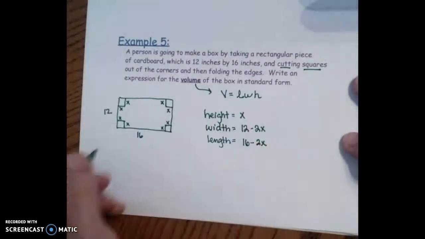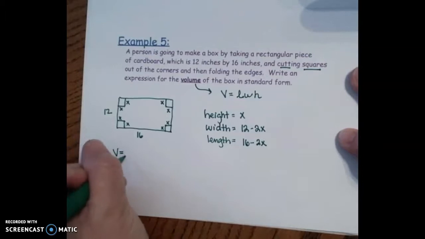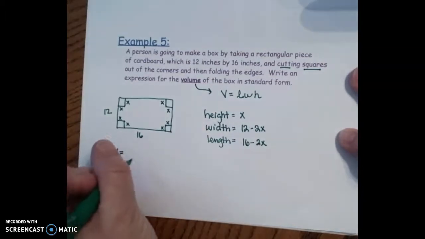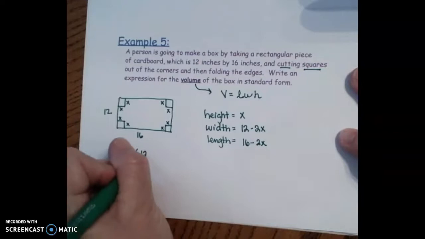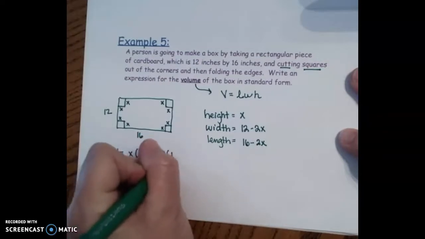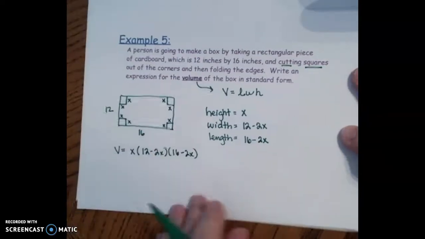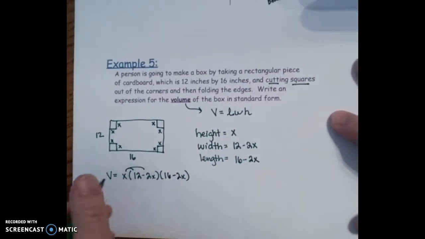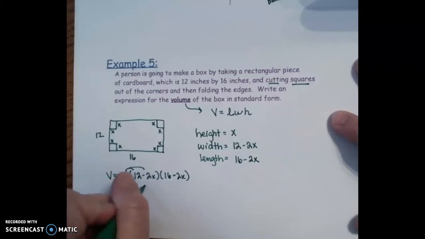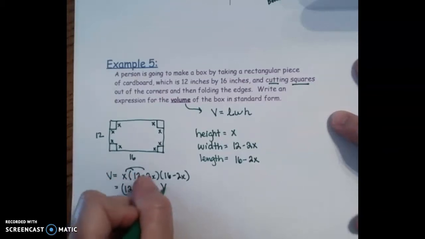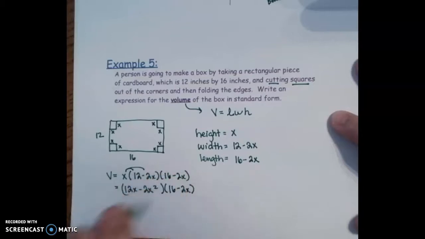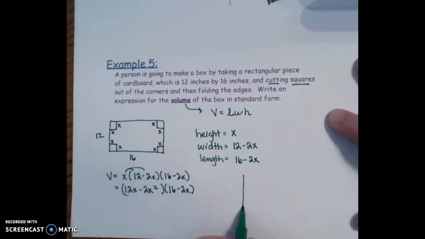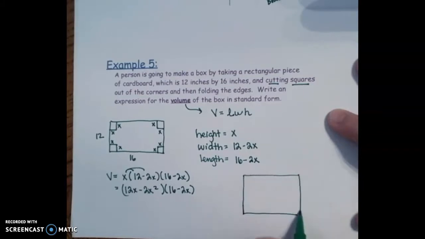So now I'm going to take that volume formula and sub in what I know. So I know all 3 of these now. And it doesn't matter what order we put them in because it's all multiplying. So then I'm going to distribute. So 12 minus 2x times 16 minus 2x. You can either box it, you can distribute, you can FOIL. Just to keep it nice and neat, I'm going to come over and box.